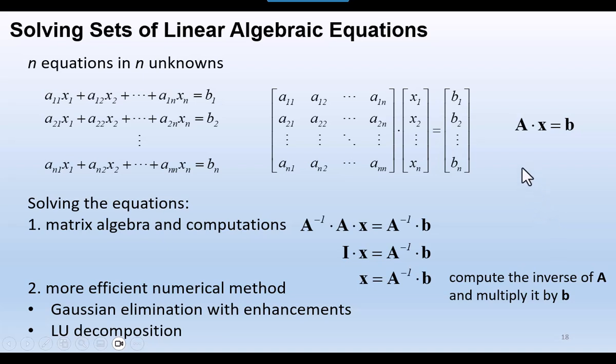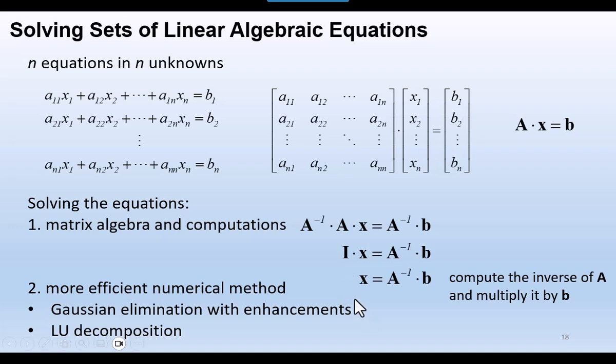And then we can do that very compactly by just denoting it with matrix vector notation as A times X equals B. So one way we can solve equations like this, just using matrix algebra, is if we pre-multiply both sides of this equation by the inverse of the A matrix, assuming it exists, then we get the identity matrix times our unknowns is equal to A inverse times B. And the identity matrix is very much like multiplying by 1.